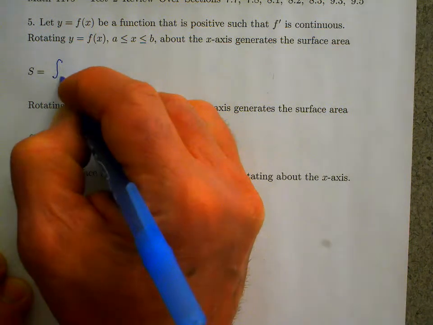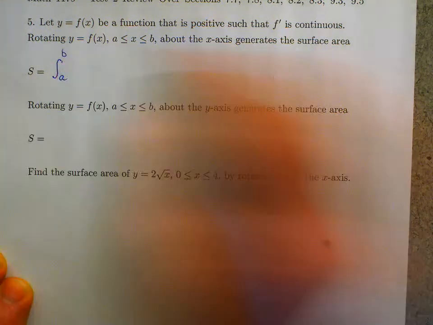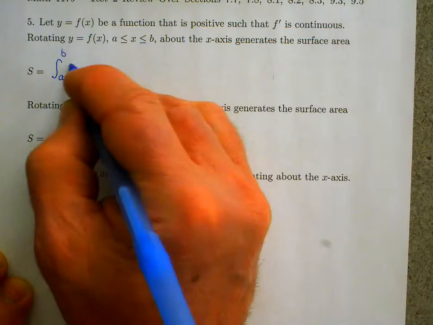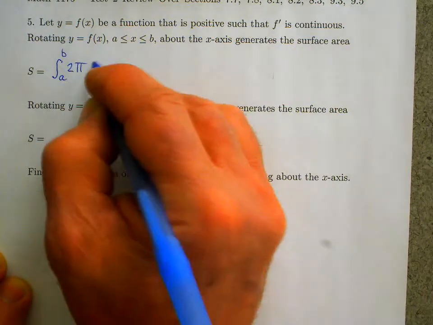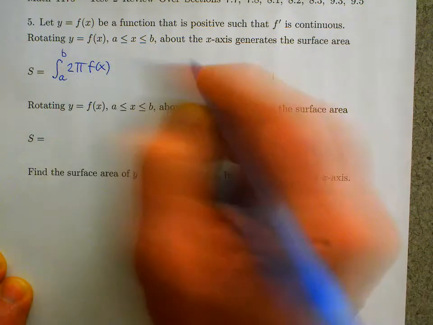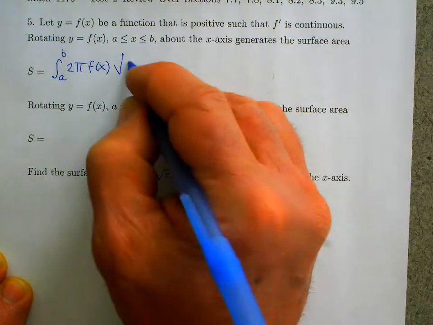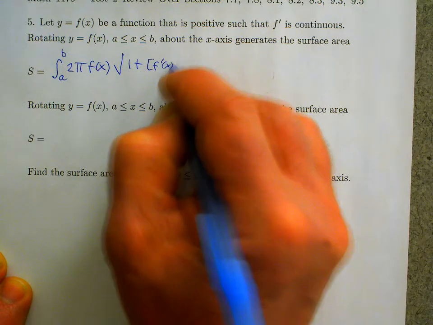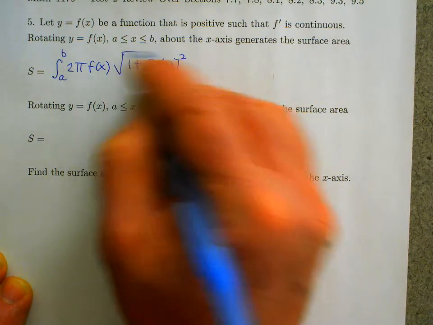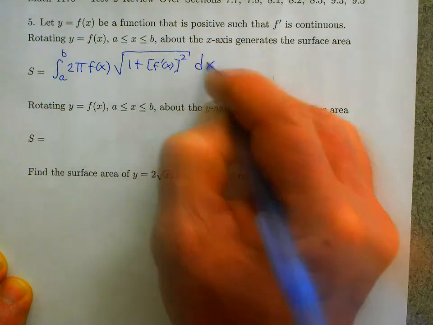So it's the definite integral from a to b of 2 times pi times f of x times the square root of 1 plus f prime of x squared dx.